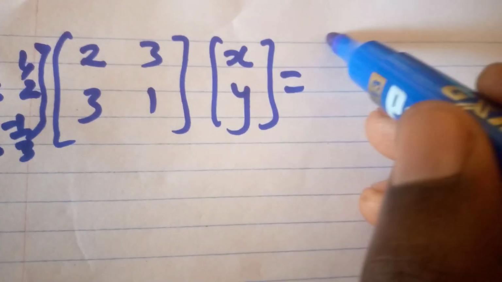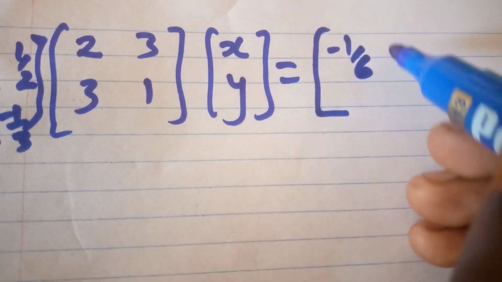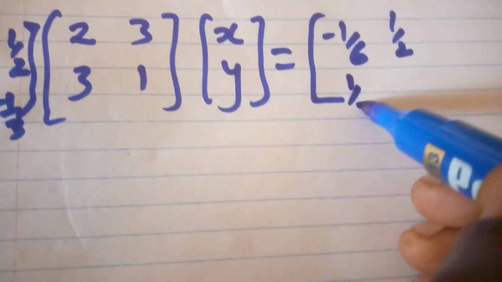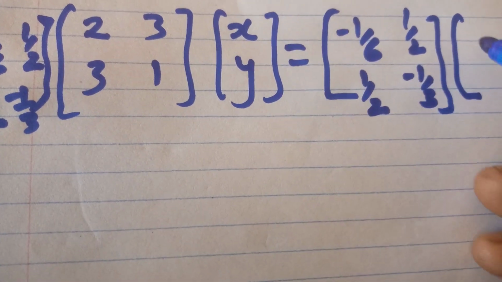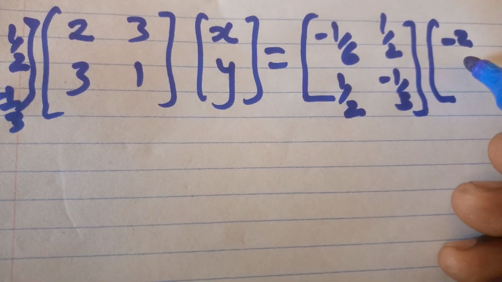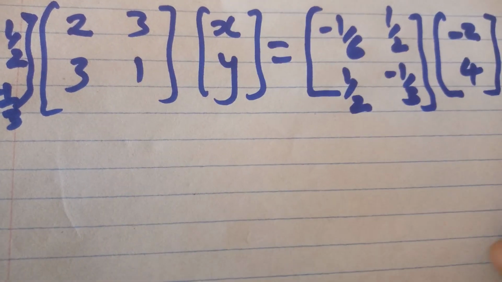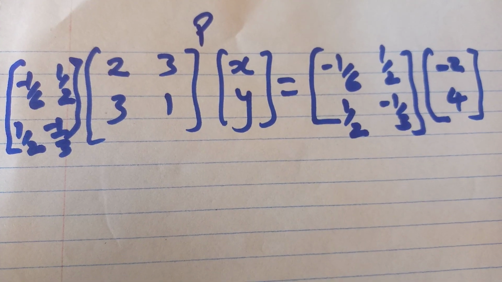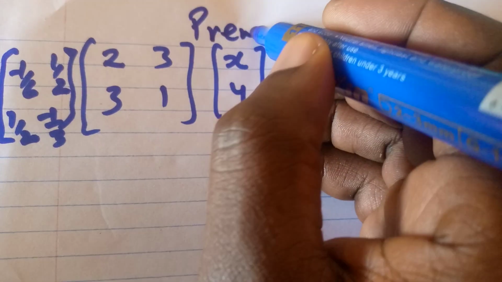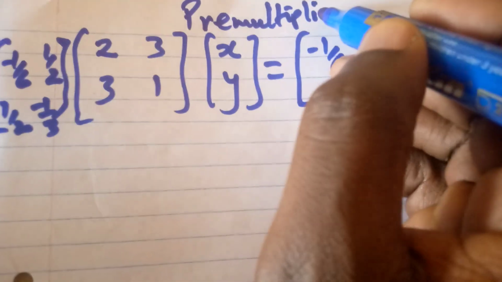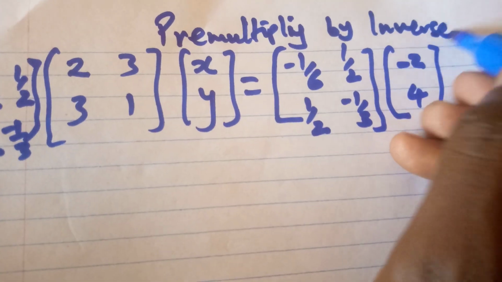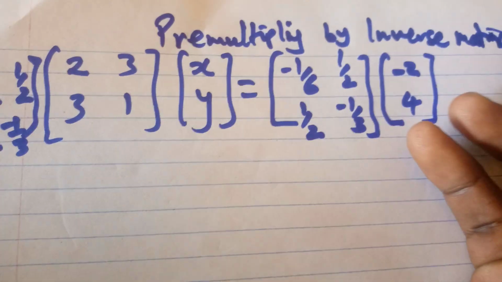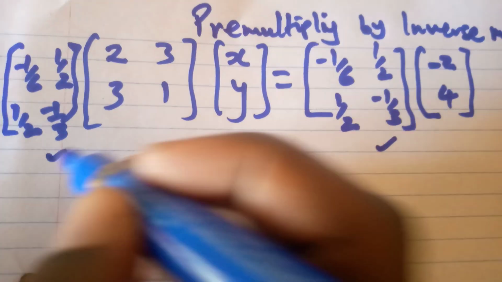Multiply also on the other side. Well, I have pre-multiplied by my inverse matrix, so this is the inverse on both sides.